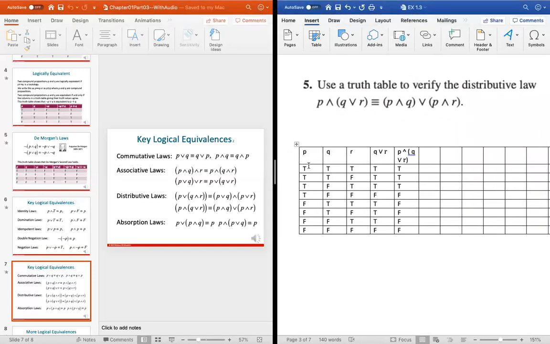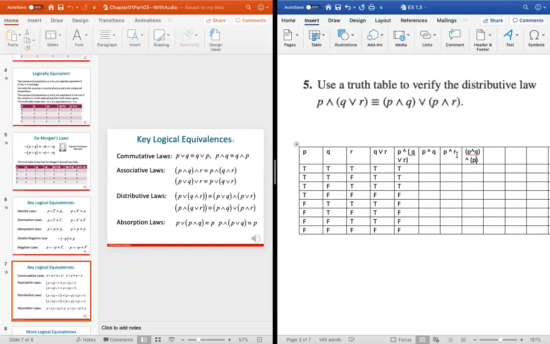Yep. Okay, so we have the P and Q over here, and then we have this P and R over here, and then we have this P and Q, P and Q. Then there is a conjunction, but it's or.